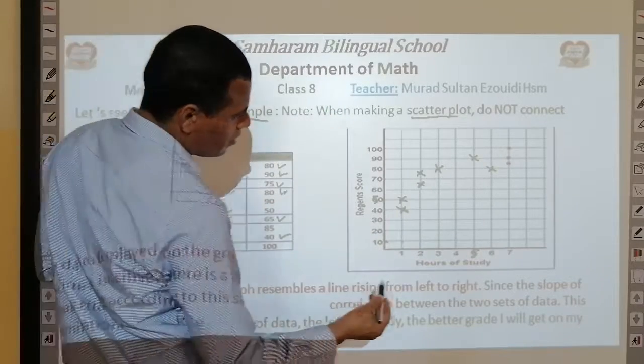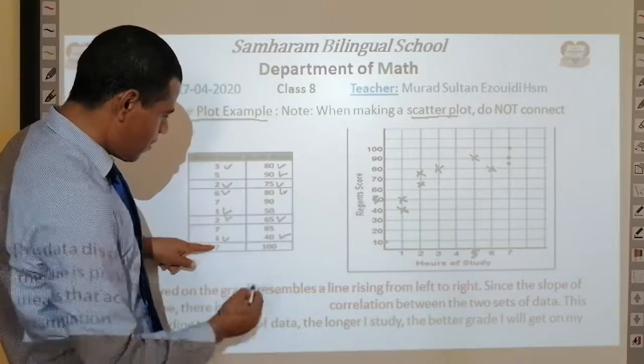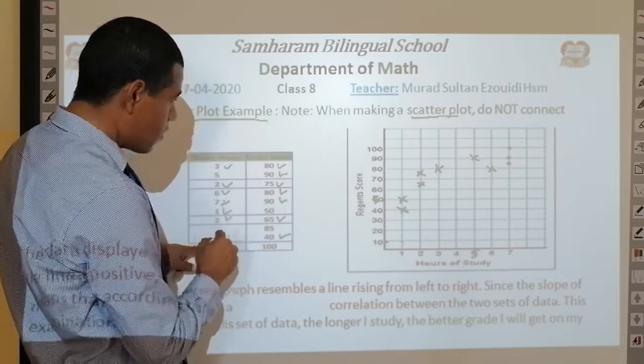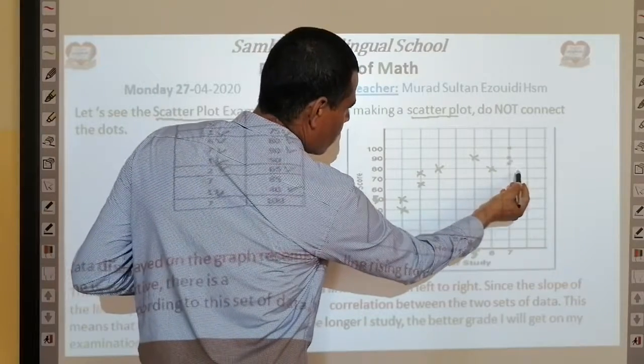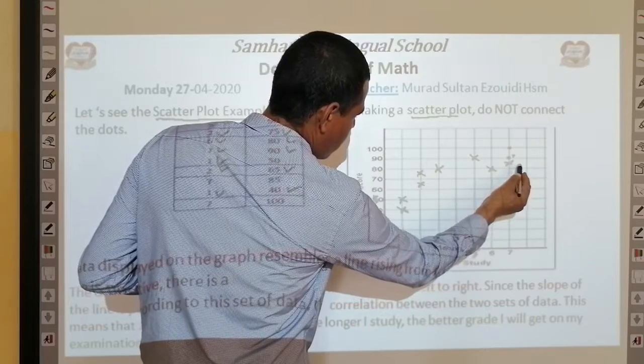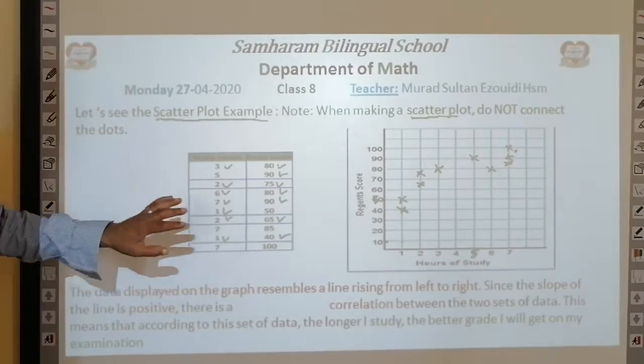For 7 hours we have 90, then 85, this is 90, and this one is 100. Now I draw a scatter diagram.